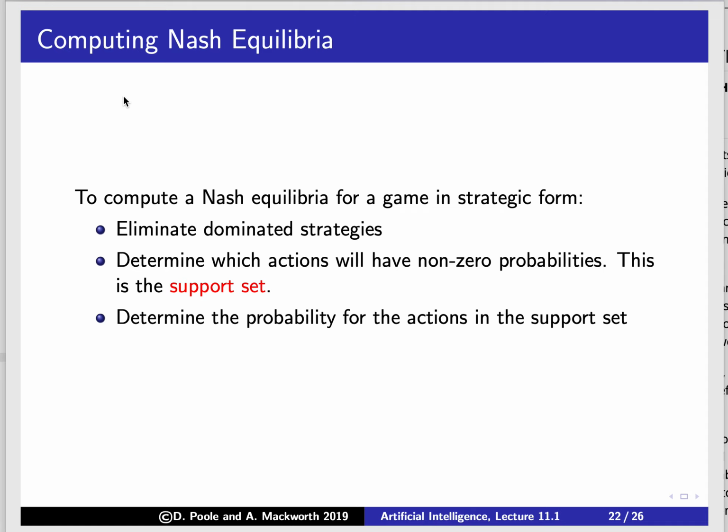This is called the support set. Then we're going to determine the probabilities for the actions in the support set. So the way to compute the Nash equilibrium is: eliminate dominated strategies, determine which actions have a non-zero probability, which is the support set, and determine the probability for the actions in the support set. It turns out the second one of these is actually the hardest.